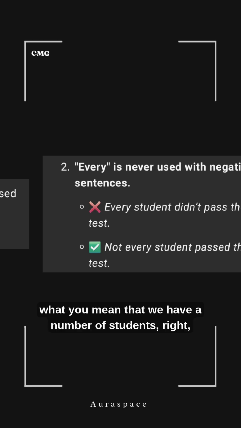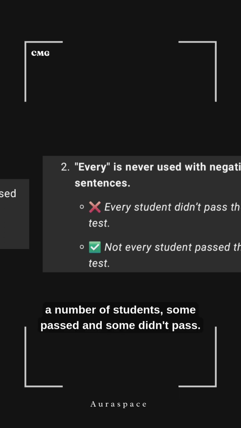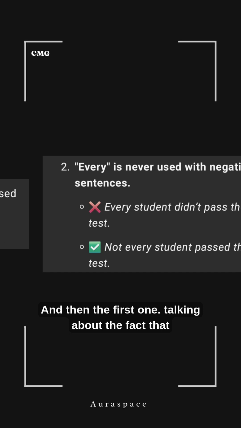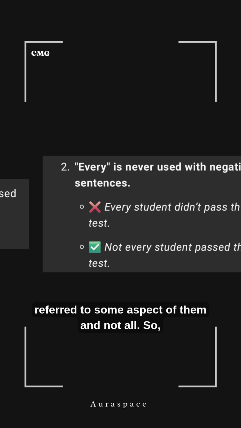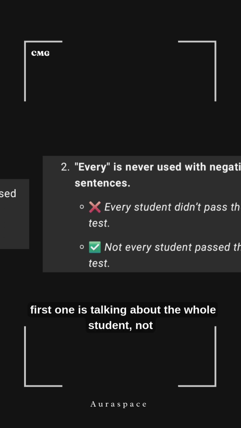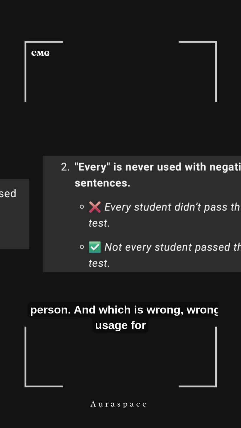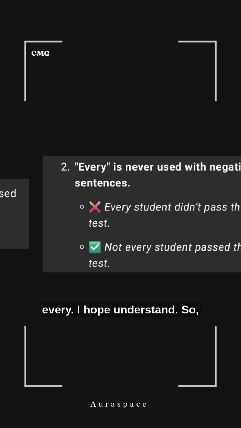So what we mean is that we have a number of students, some passed and some didn't pass. In the first one, we are talking about the whole group of students not passing, which is the wrong usage for every. I hope you understand.